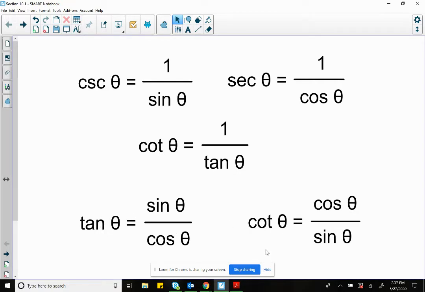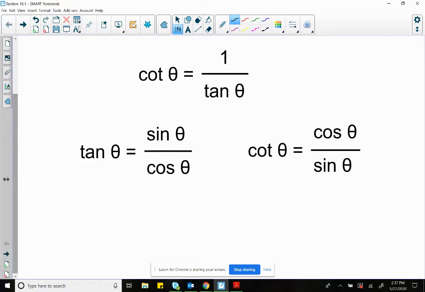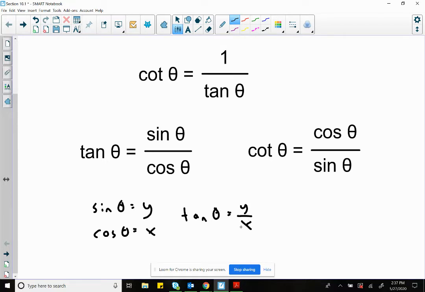Because remember back in the unit circle when we talked about how sine was equal to y and cosine was equal to x. And remember that we said tangent is equal to y over x.